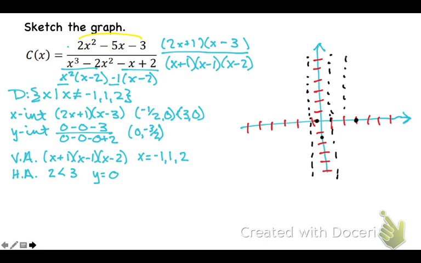Oh, this is going to be lovely. And then we have a horizontal asymptote at y equals 0. So again, just putting it on the outside there.